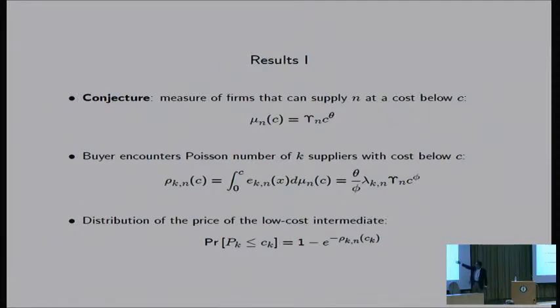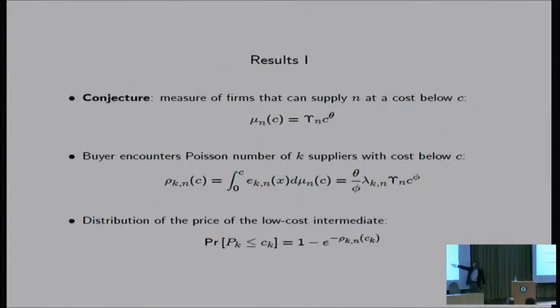So the first part is that we can say, what is the Poisson number of suppliers with a cost below C that a firm will encounter? And then it's going to choose among those the one that's cheapest. So that's going to be an integer number. It's going to be a realization of a Poisson with a Poisson parameter given by this rho.